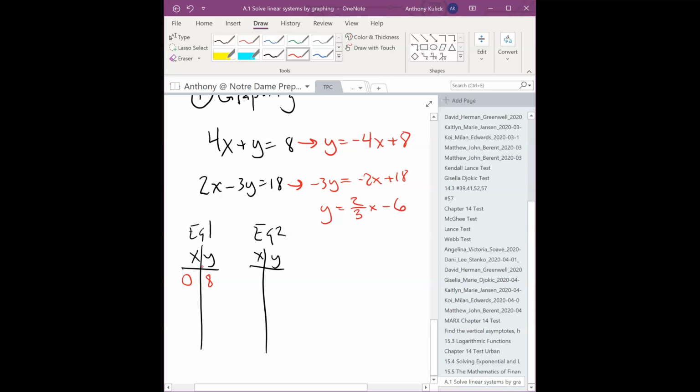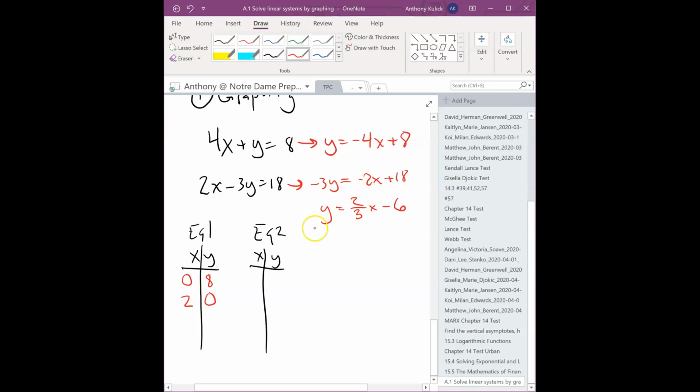And then if I pick, say, 2 for x, I get 0 for y. Again, I plug 2 in here. 4 times 2 is 8, -8 plus 8 is 0.